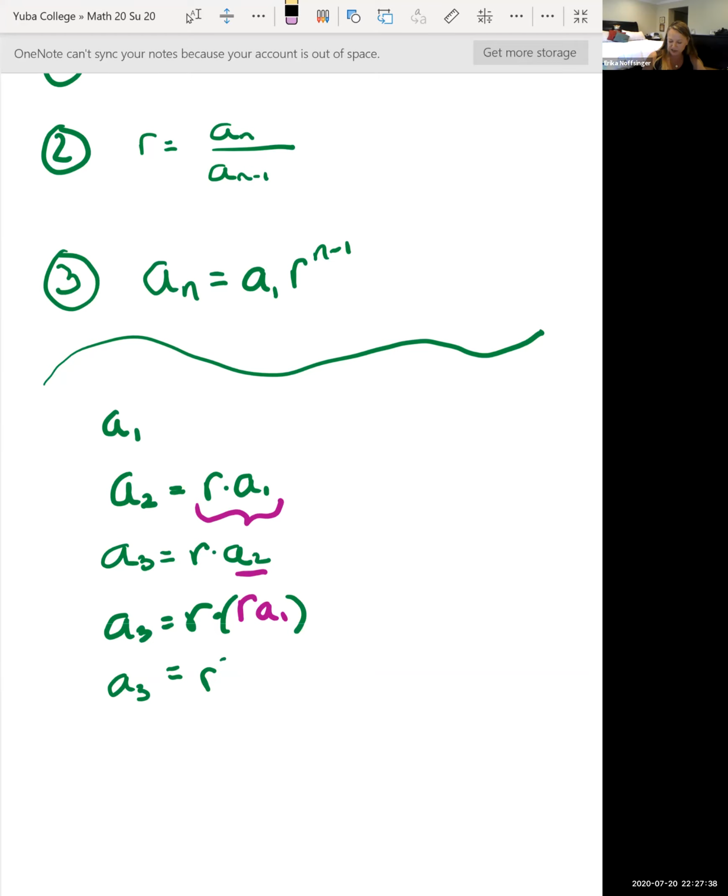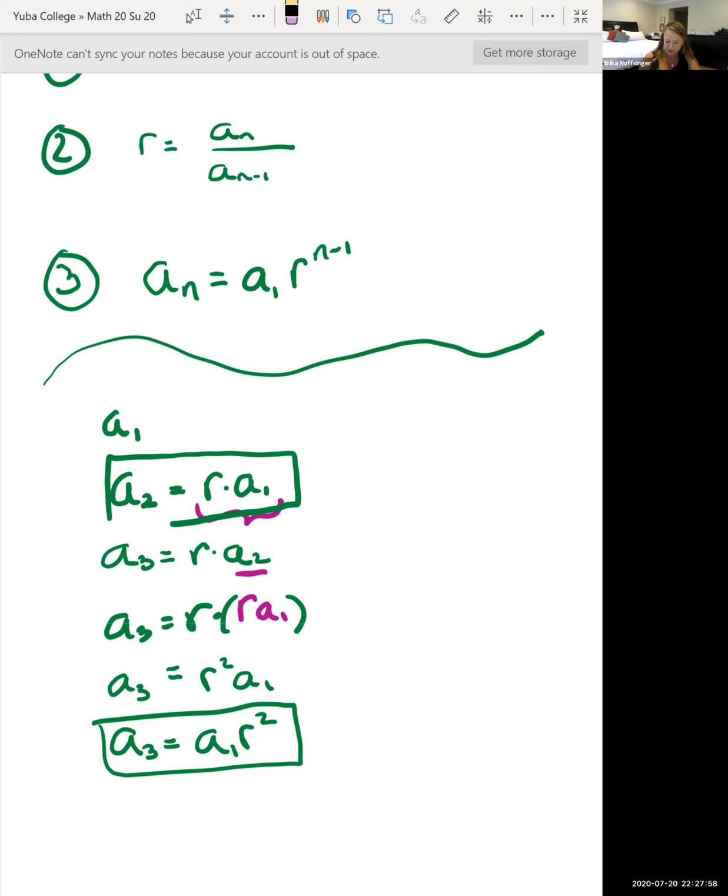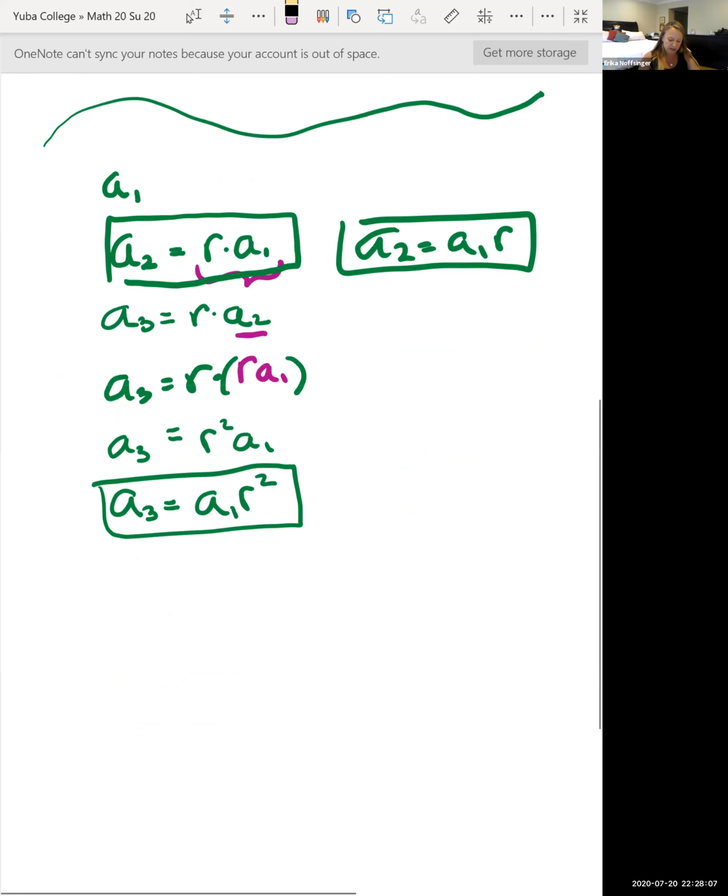There's no addition here. This is just one term times a sub 1. Usually you'll see it where a sub 1 is first, so I'm going to rewrite it as a sub 1 times R squared. That's my a sub 3 value. Let me write a sub 2 this way: a sub 2 equals a sub 1 times R. We can continue in this form.